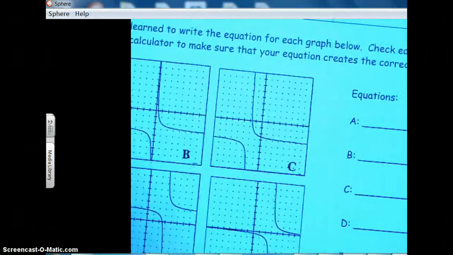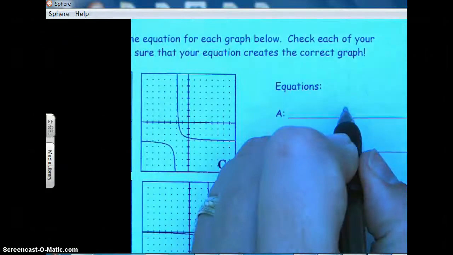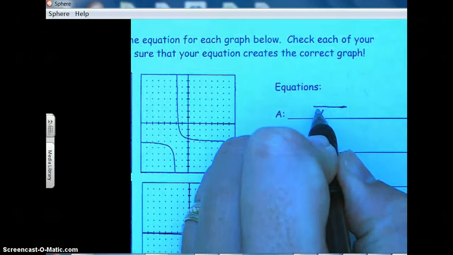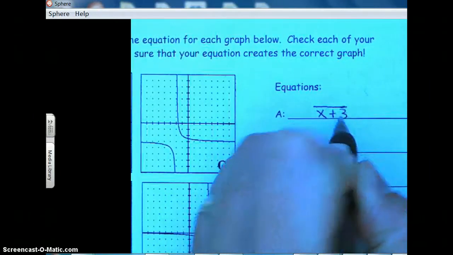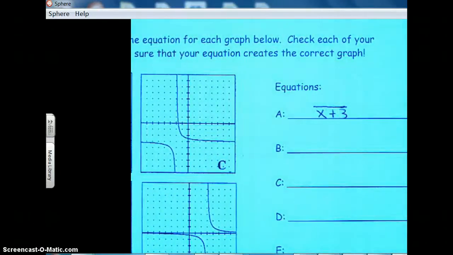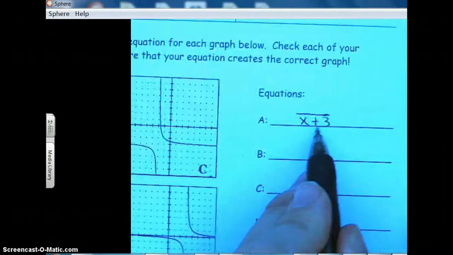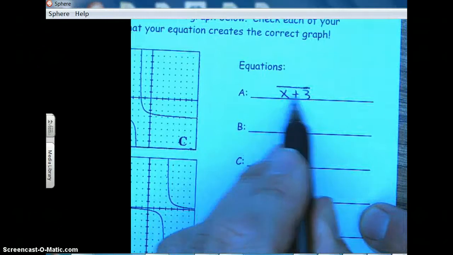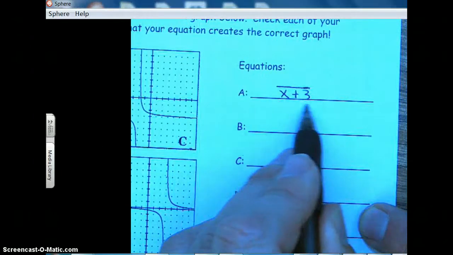So we can write the denominator as x plus 3, because x cannot be -3. -3 plus 3 is 0, and we cannot divide by 0.